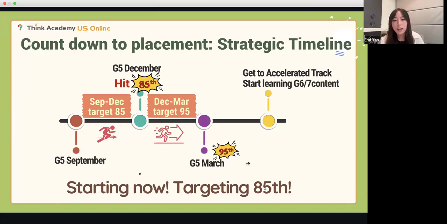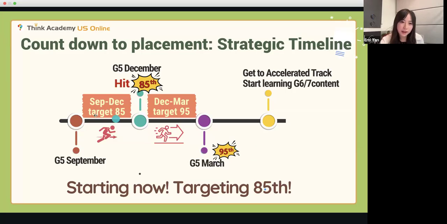The third test I take, I need to reach the 95th percentile in order to get to the double accelerated track. That means I need to hit the 85th percentile a little earlier, maybe during the middle of the school year.